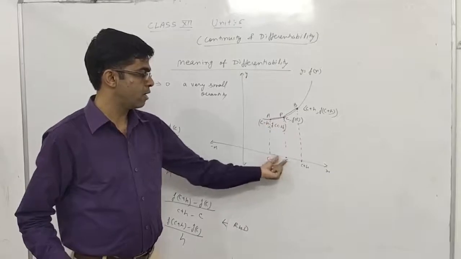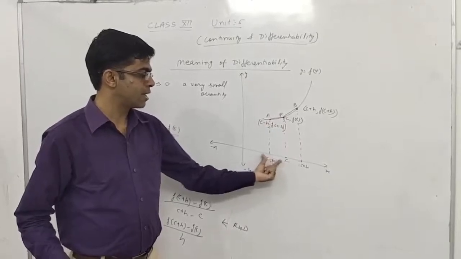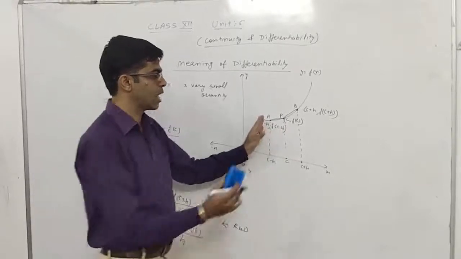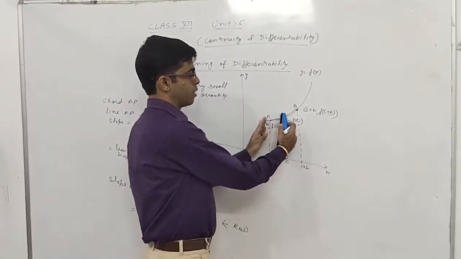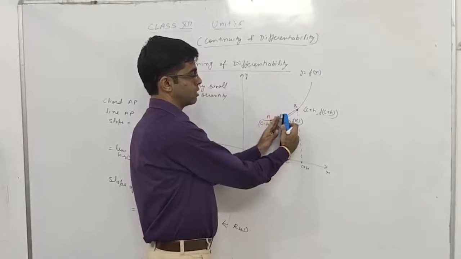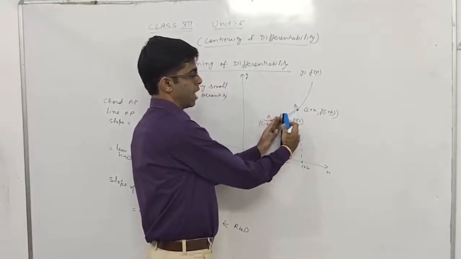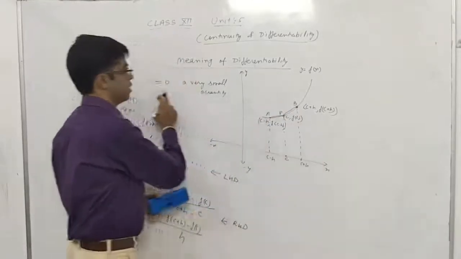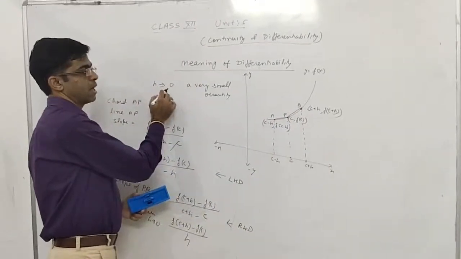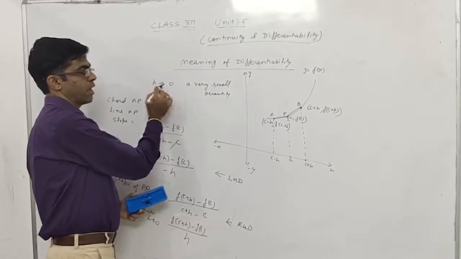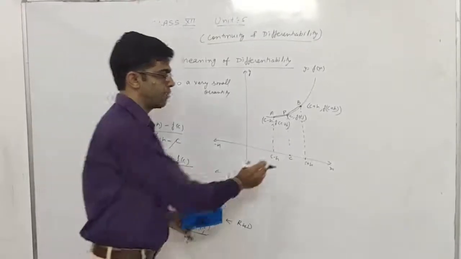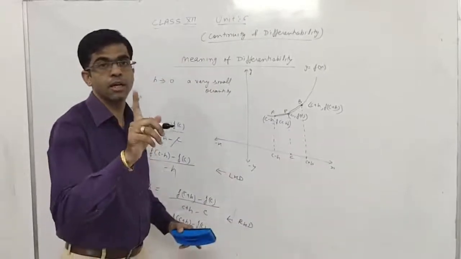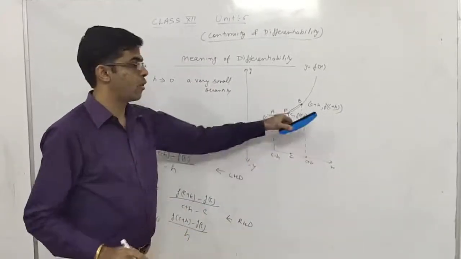Here we had taken one point C minus h, and there is a gap between C minus h and C. If we reduce the gap, this AP chord length will be reduced. This will come here at point P, and similarly, h is a very small quantity tending towards zero. If we are reducing the gap from both sides, left side and right side, this will represent only a single slope at point P.